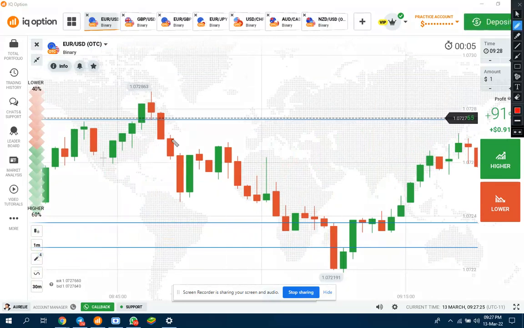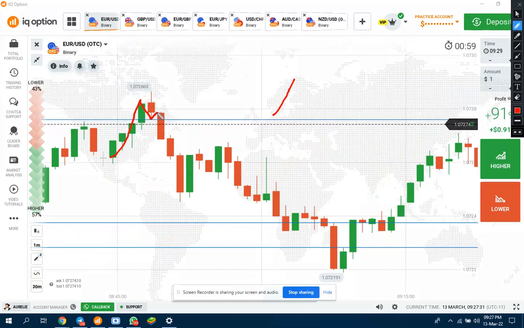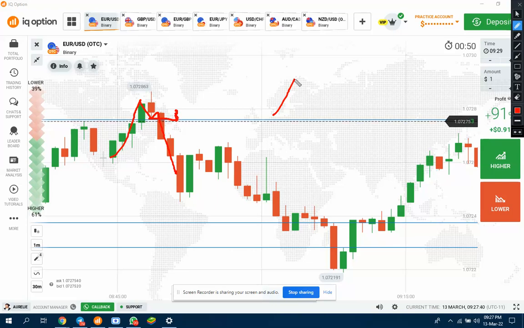This is more like when the price rises to this point, something like this. The market drops here and pulls back a little and continues to the downside. So here should be a resistance level on the right side.